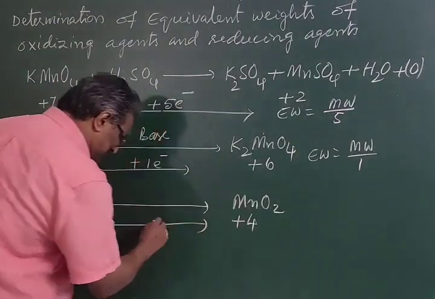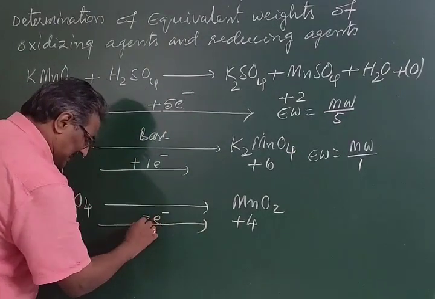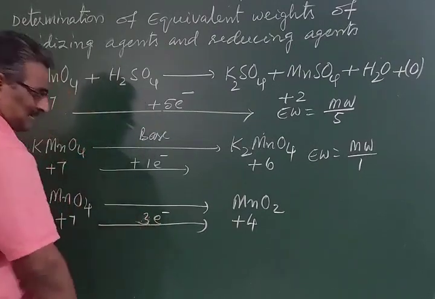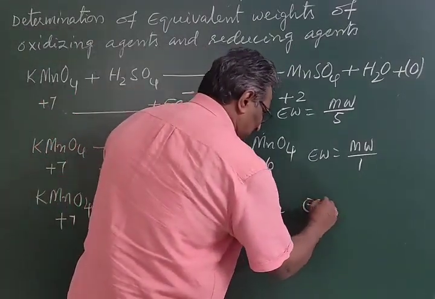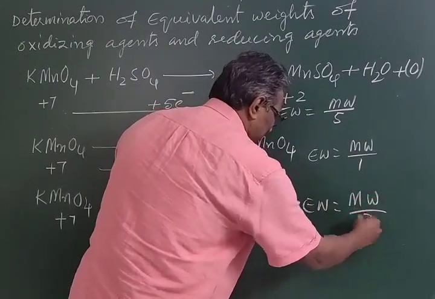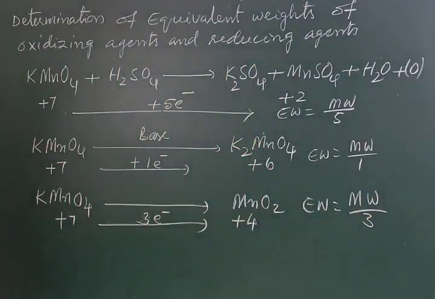This happens by the gain of 3 electrons. So equivalent weight is equal to molecular weight by 3 for potassium permanganate in the neutral solution or in slightly acidic solution.